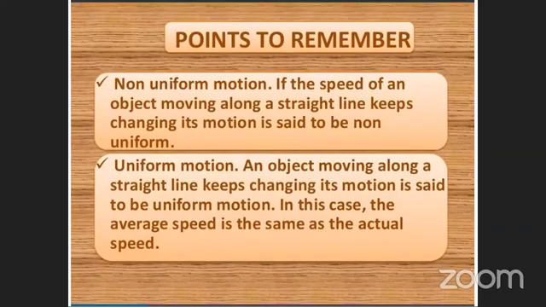Here you can see 2 points are there, meaning in motion 2 types are there. One is non-uniform motion and one is uniform motion.